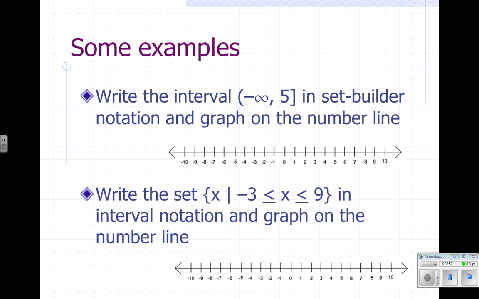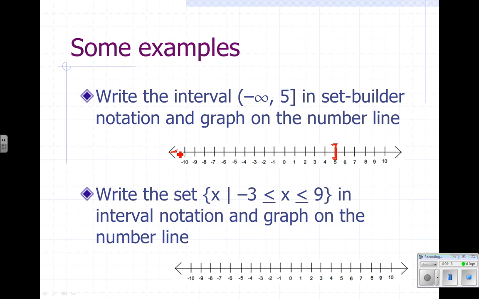So let's try it out. Let's say we want to write the interval from negative infinity to 5 in set builder notation and graph it on the number line. Well, let's see how this would look. Since our interval notation mimics exactly what we would see on the number line, what we would have to do is indicate that we're going to include positive 5 facing off to the left in our set. So we're going to put a hard bracket around 5.